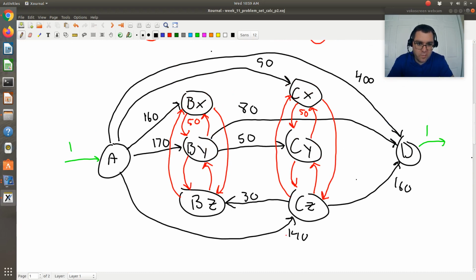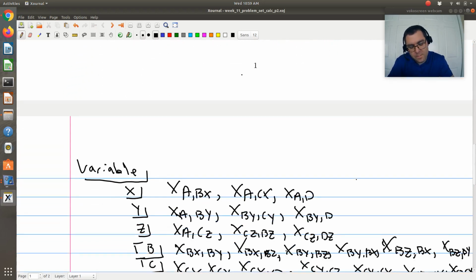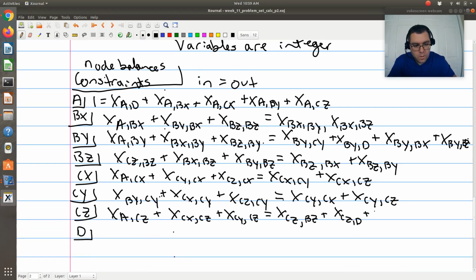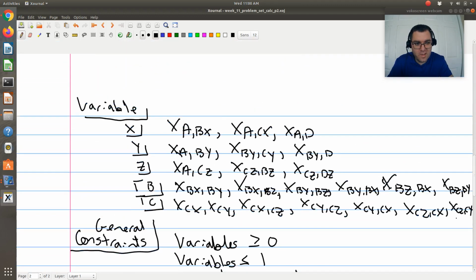I can transfer from Z to X or Z to Y. Transfer to X, or transfer to Y. And then finally, I just have a balance on D.